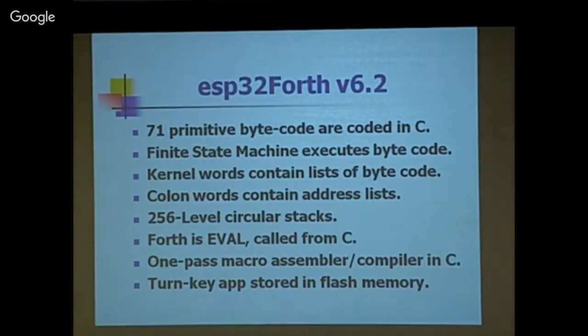But one very nice thing I'm extremely proud of was the stacks. So I used a 256-level circular stack. Okay, and each level is 4 bytes, or a 32-bit word. So you have 256 elements in a circular buffer, and the circular buffer is managed by one byte pointer. So this byte has only 256 locations to point to.